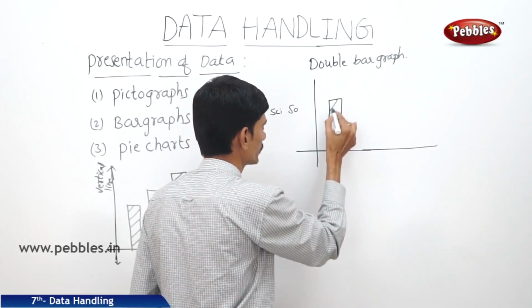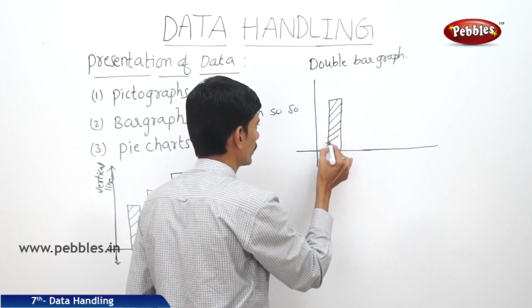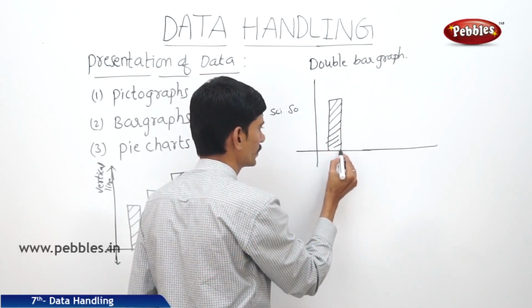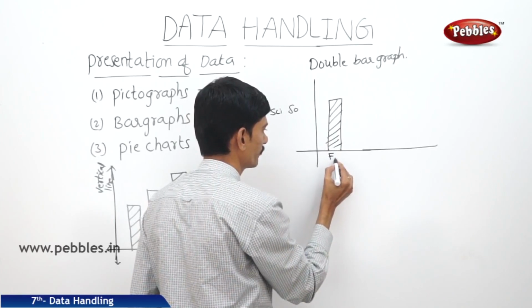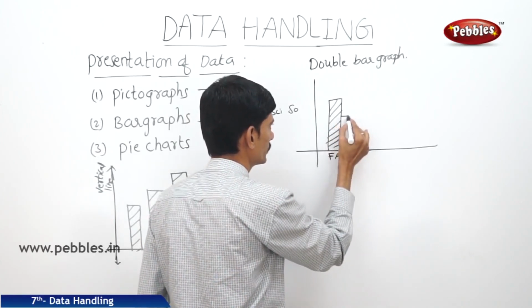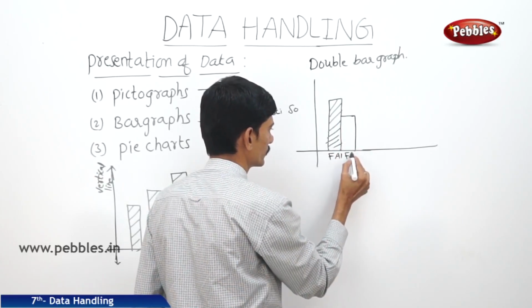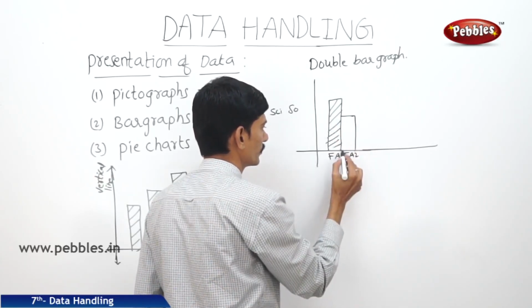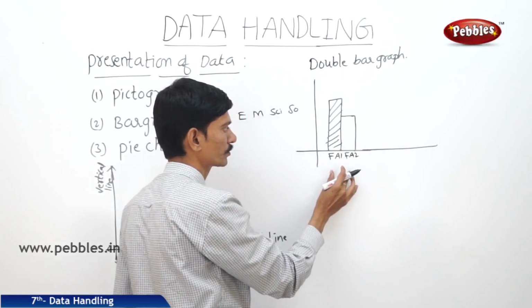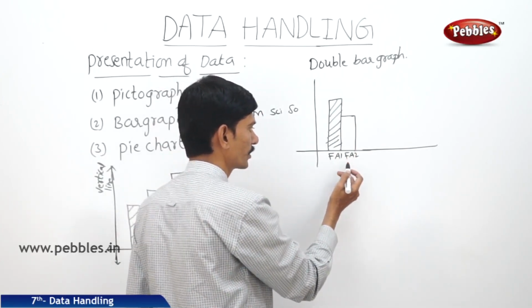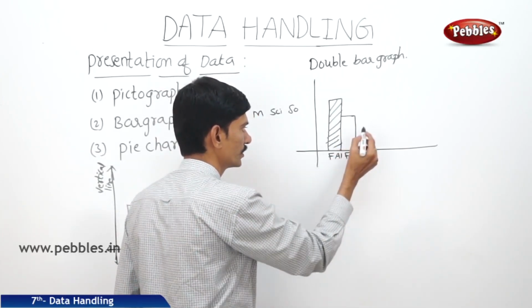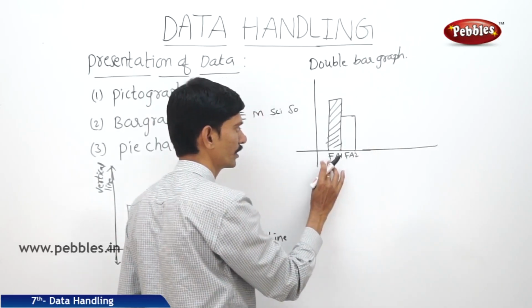This shaded bar represents the marks obtained in a particular subject in FA1, and the unshaded bar represents the marks of the particular student in a particular subject in FA2. So there is a comparison between FA1 and FA2.